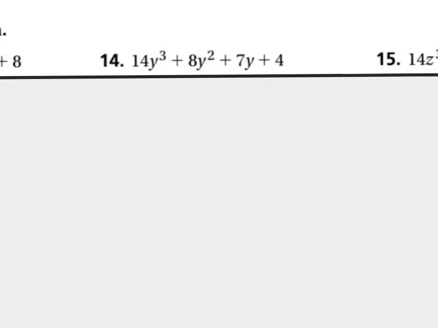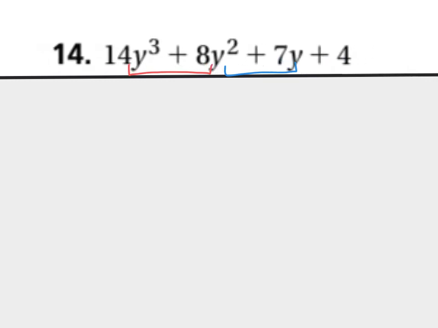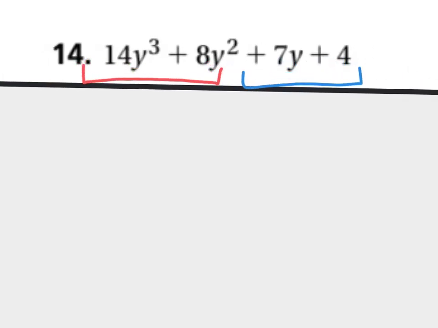Number 14 we're going to look at just a little bit different than some of them we've looked at so far. We can check it to start, but there is not a greatest common factor. We do have 4 terms, so we're going to go into our factoring by grouping. The first 2 terms, we've got a 2y squared in common.